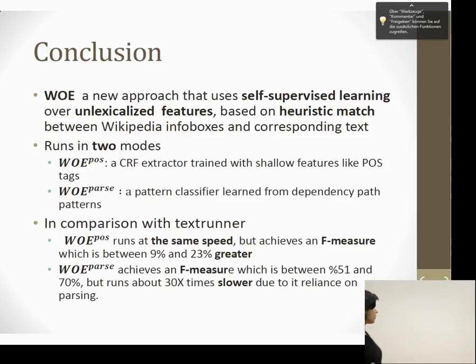In comparison, WOE pos runs at the same speed as TextRunner, but the F measure is greater, and WOE parse has a higher F measure, but the time is slower. So it is a trade-off between time and F measure.